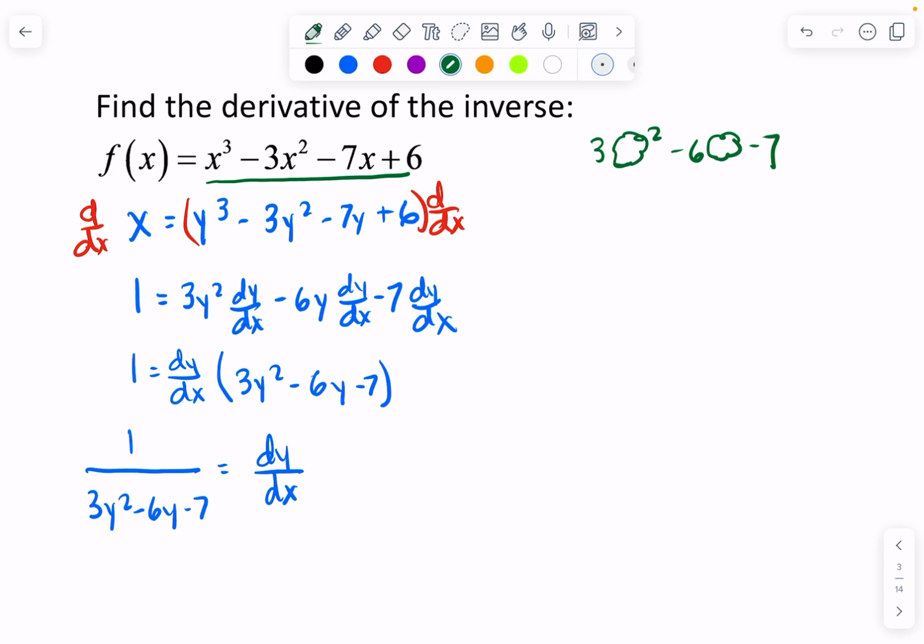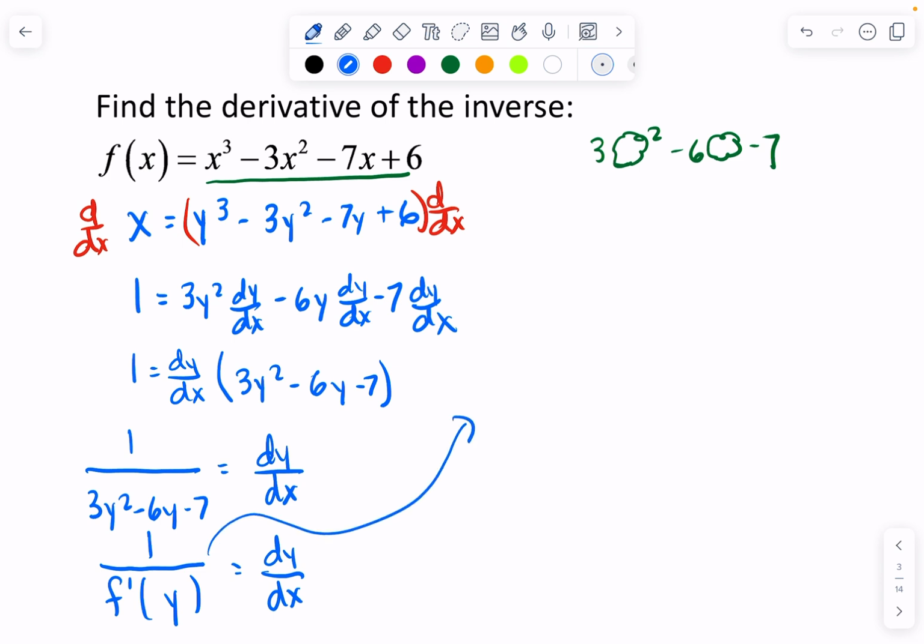What this really is here is 1 over the derivative of f of x evaluated at y.